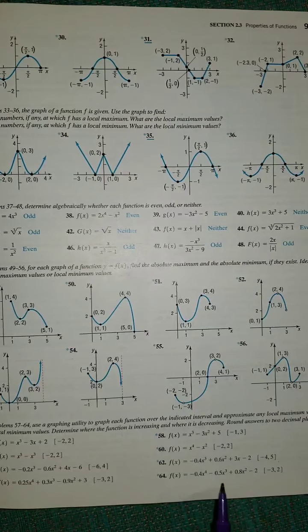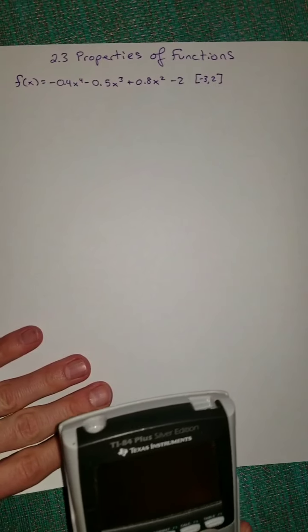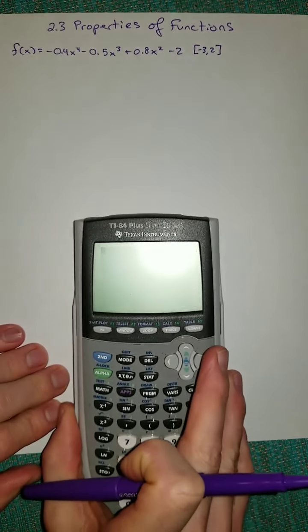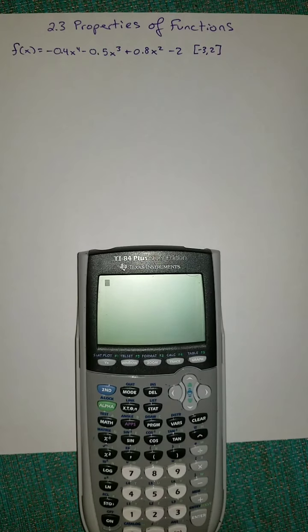So that's what we're going to be focusing in on right here, number 64. Now that we have the instructions, I'll try to write out the answers, but I'm going to use the calculator to determine these things.